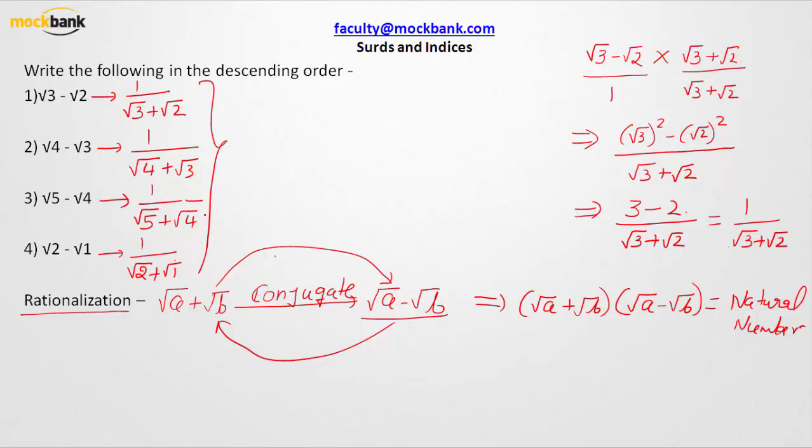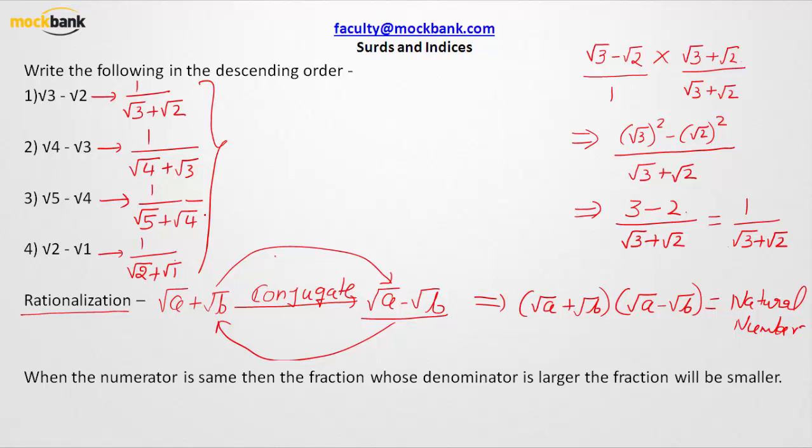So do we understand? Now the second thing that we need to understand is this: whenever the numerator is same, then the fraction whose denominator is largest will be the smallest. The largest denominator will give you the smallest value. Since in our case the numerator is 1, can we identify what is the denominator?